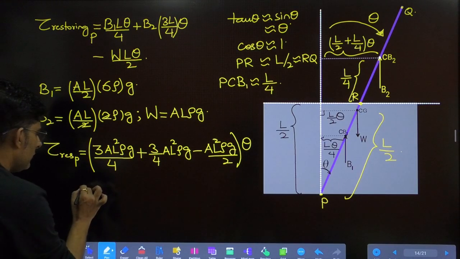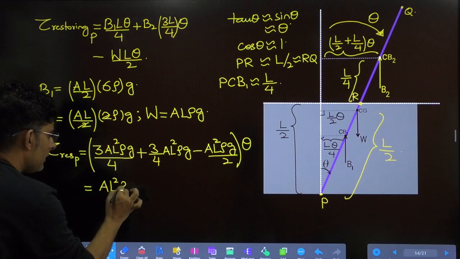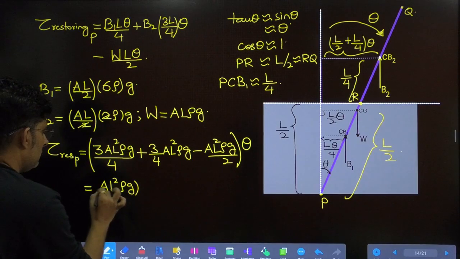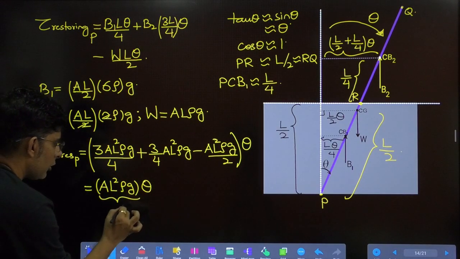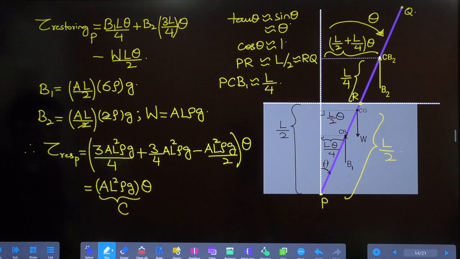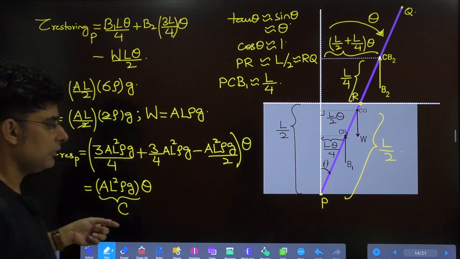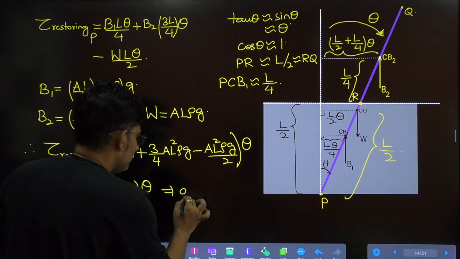Means you get it as AL square rho G into theta. So this becomes our torque constant C. So once we get the torque constant C as AL square rho G, we know it is a case of SHM, angular SHM.